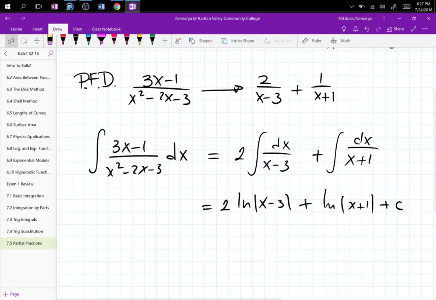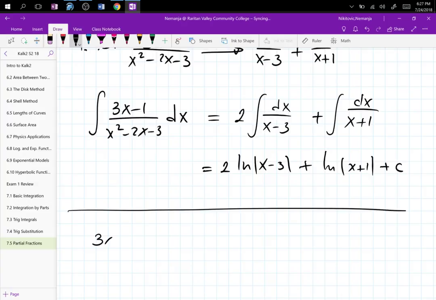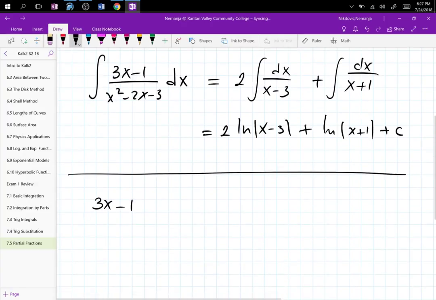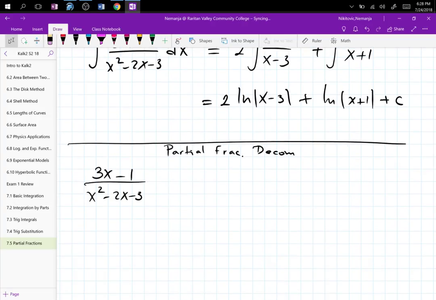So now, what is the partial fraction decomposition? Well, we start with 3x minus 1 divided by x squared minus 2x minus 3. What is it all about? Well, we start by, number 1, factoring the denominator.